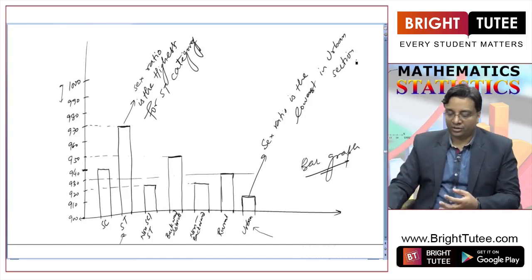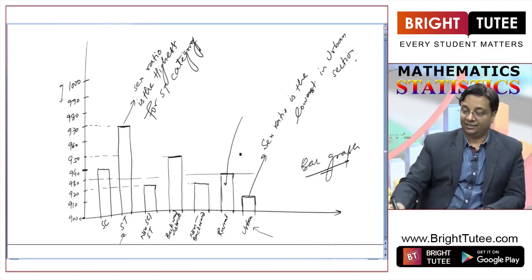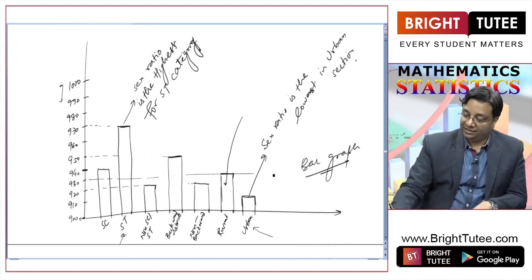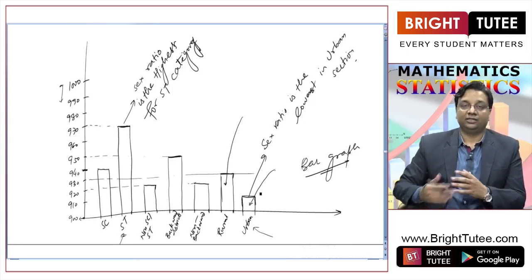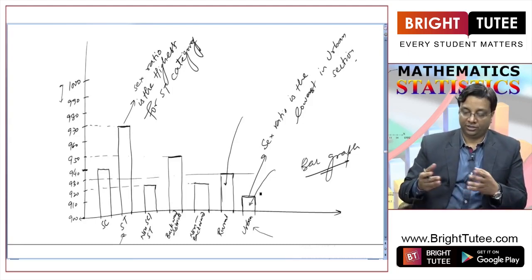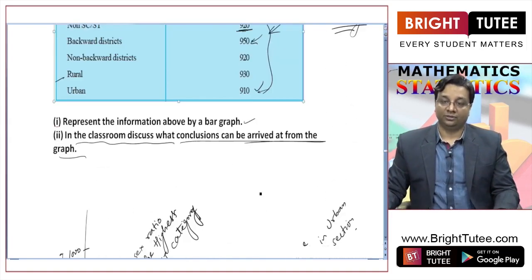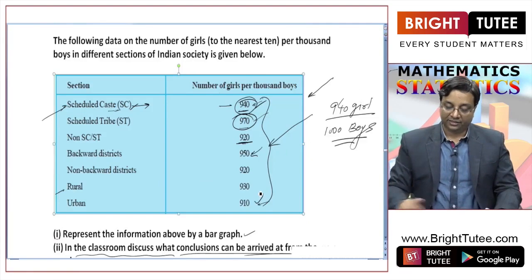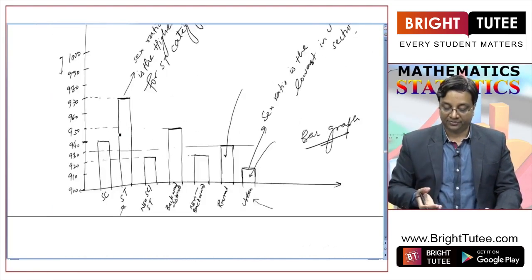You can make other comments also like this, that the sex ratio in the rural section is better than the sex ratio of the urban section. Okay, so these are the observations you can make using this bar graph, and that is the use of these graphs, so that you can interpret the given data in a better way. So at a glance you can see which one gives the better ratio.